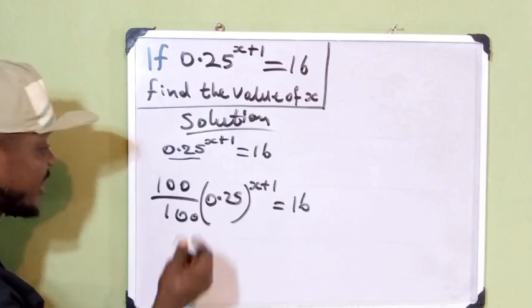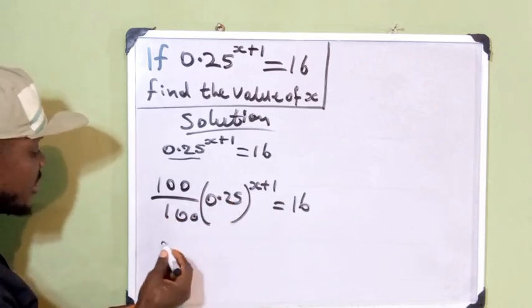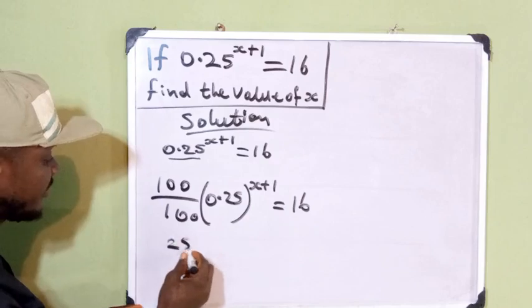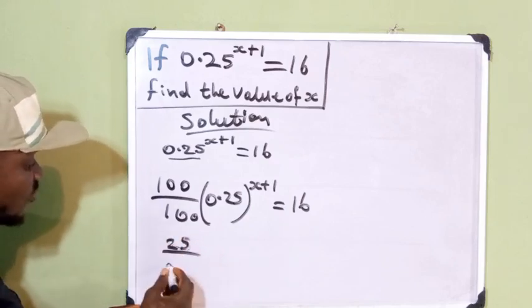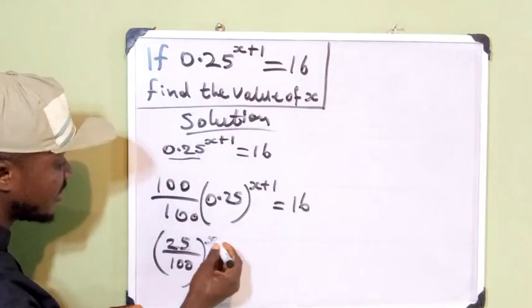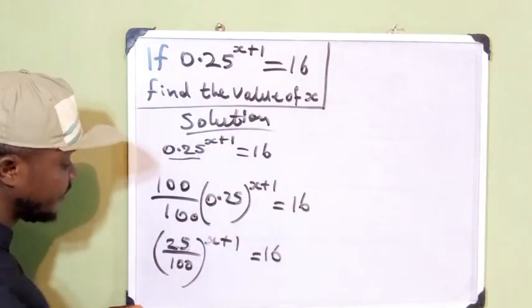The next step is now to multiply out these numbers. 100 times 0.25 will give us 25, so we have 25 all over 100, all in bracket raised to the power x plus 1, which will give us 16.